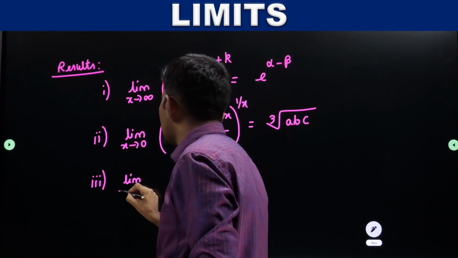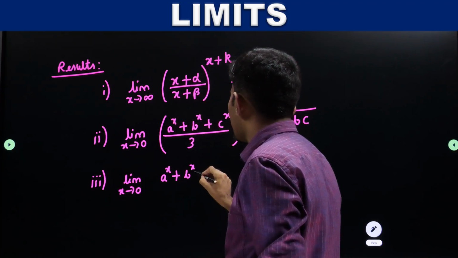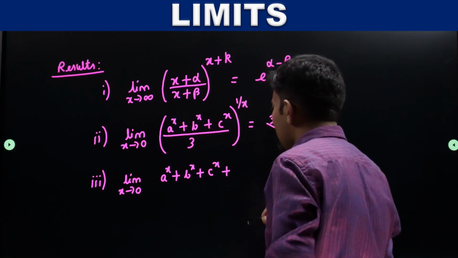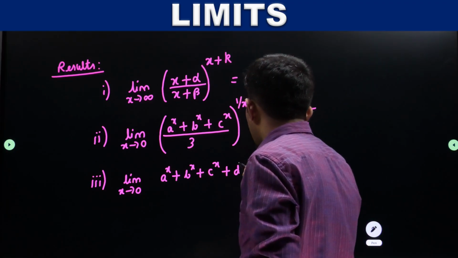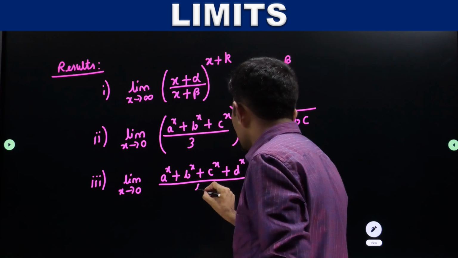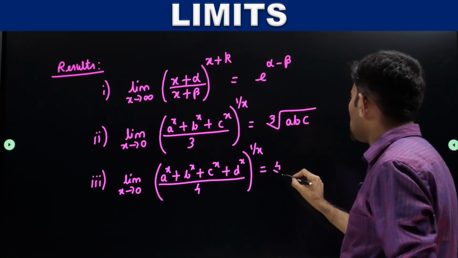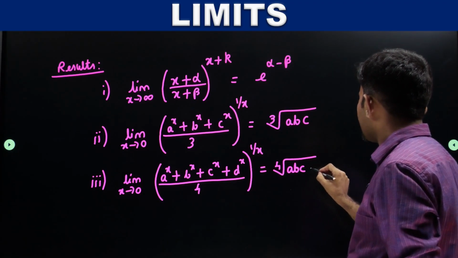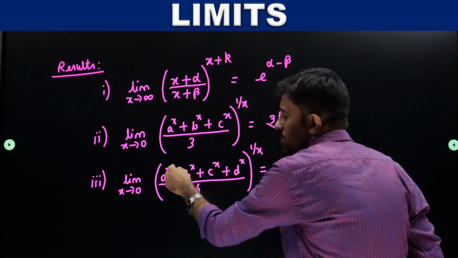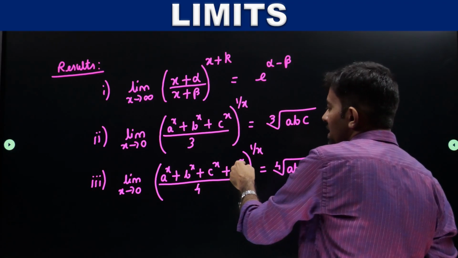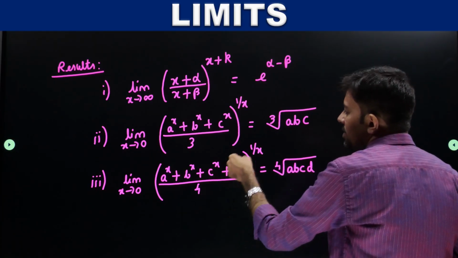Limit x tends to 0 of ((a power x plus b power x plus c power x plus d power x) divided by 4) whole to the power of 1 by x. In this case, the answer is the 4th root of abcd, because this also takes the 1 to the power infinity form. a power 0 is 1, b power 0 is 1, c power 0 is 1, d power 0 is 1, correct? 1 plus 1 plus 1 plus 1 becomes 4, 4 by 4 is 1, so 1 to the power infinity form.